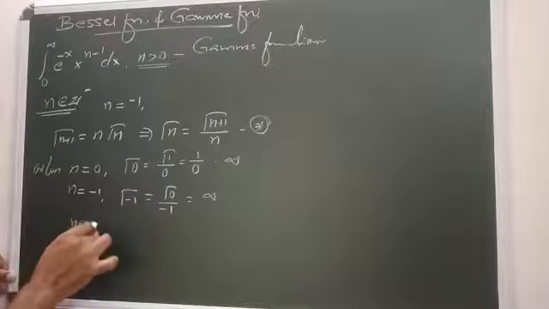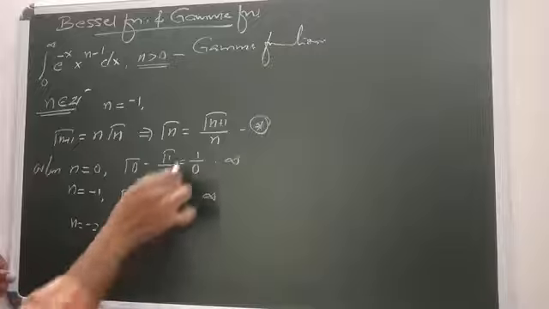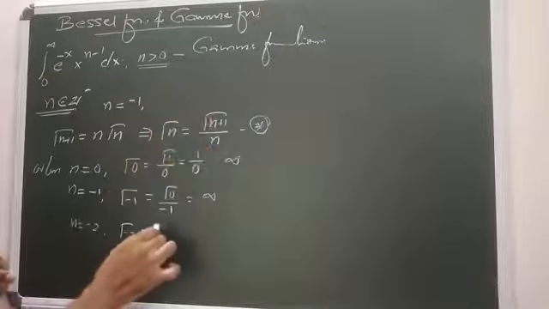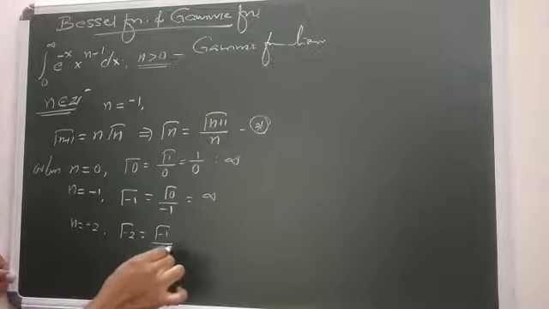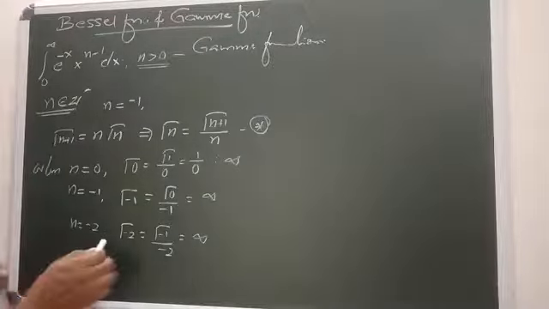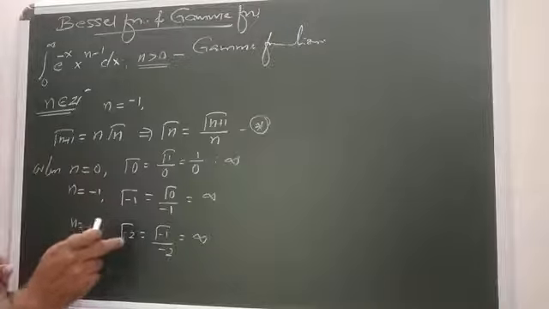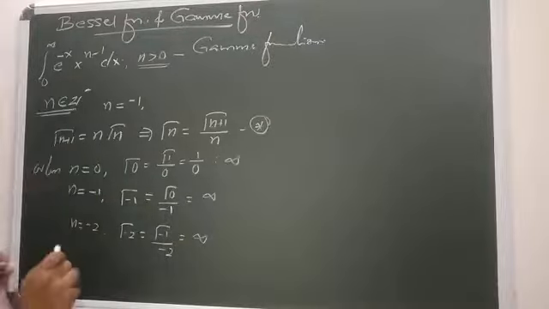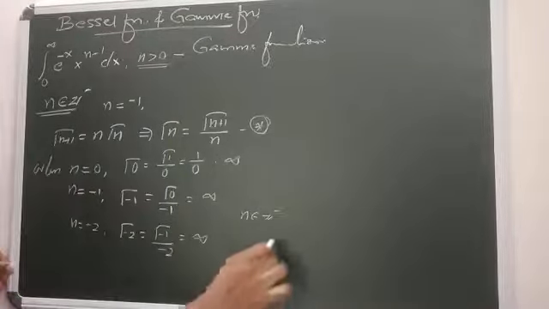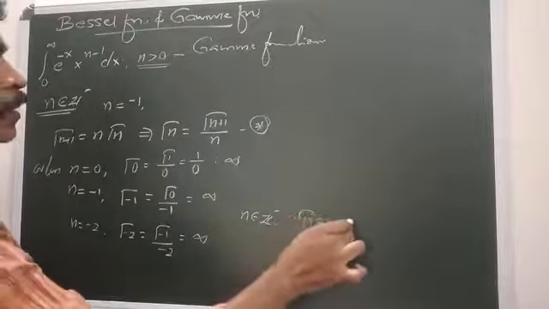When n equals minus 2, gamma of minus 2 equals gamma of minus 1 divided by minus 2. Again gamma of minus 1 is in the numerator, which is infinity. Like this, you can see that for any negative integer, the gamma value is infinity.